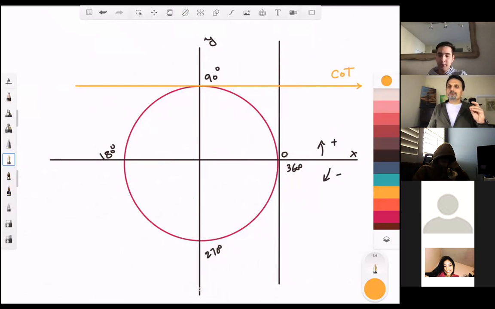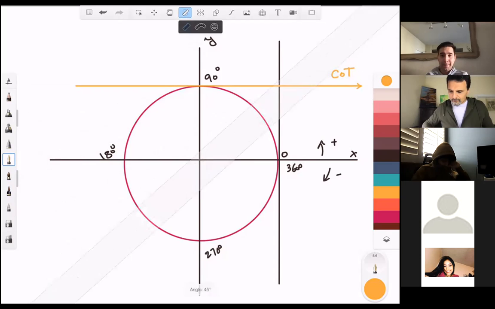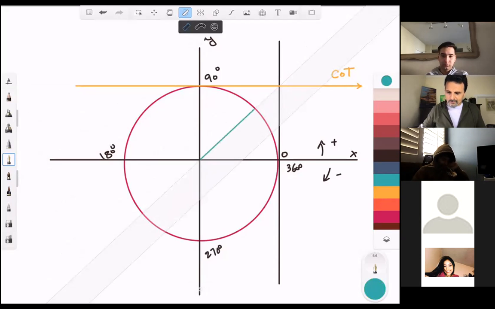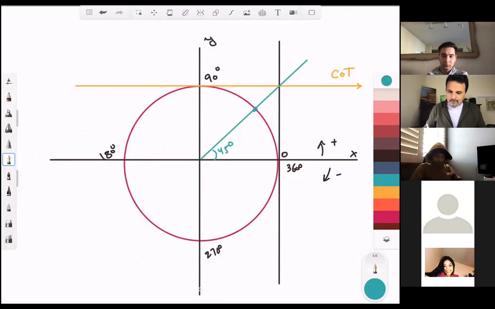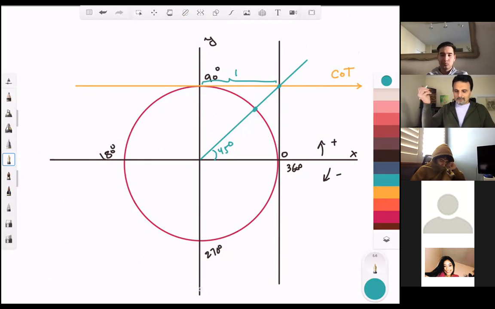Again, I only want you guys to visualize it. You don't have any question for visualizing in the exam. For example, for 45 degrees, this is x and y for sine and cosine. This much is value 1, which is cotangent of 45. So you will let the line go.